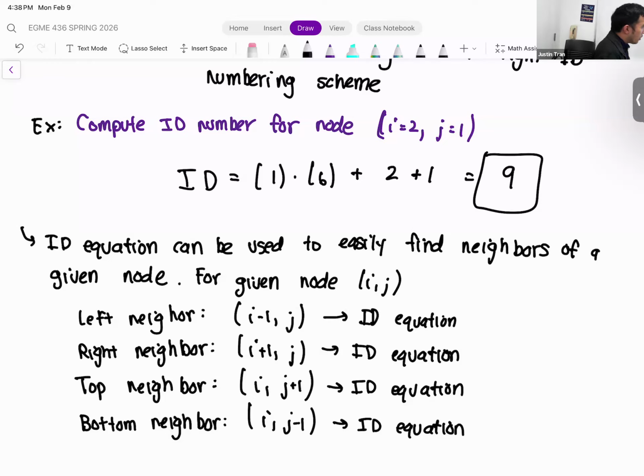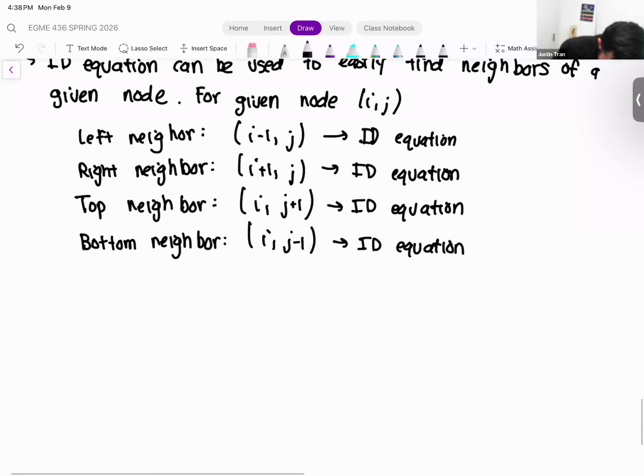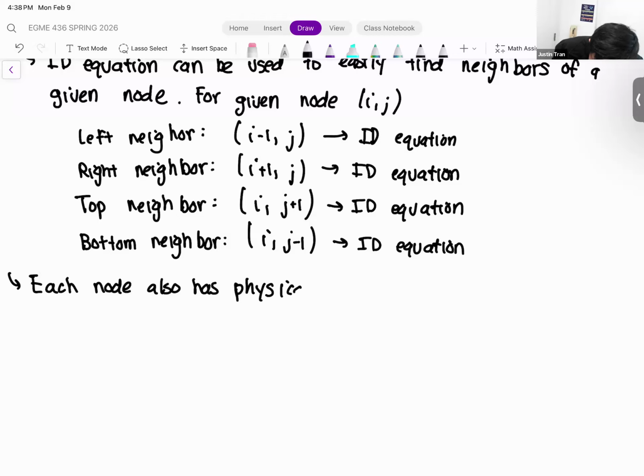There's one more labeling that you have to know, and that's mostly for computing certain things in the equation, which are the physical coordinates of each node. So the physical coordinates we usually denote xi and yj.